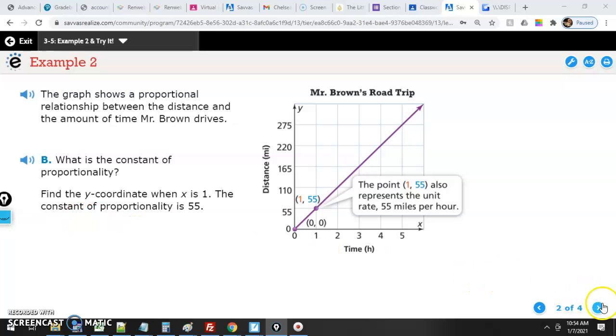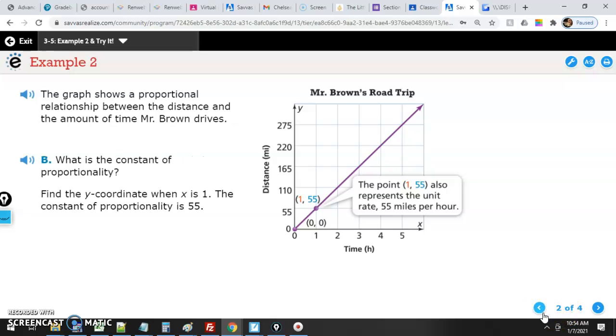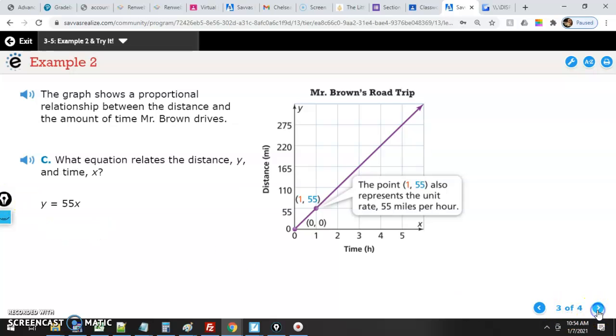So here, k is going to be equal to 55 over 1, and that will determine the constant of proportionality. And so y is equal to 55x. We can reduce 55 over 1 to just 55, so our equation is y equals 55x.